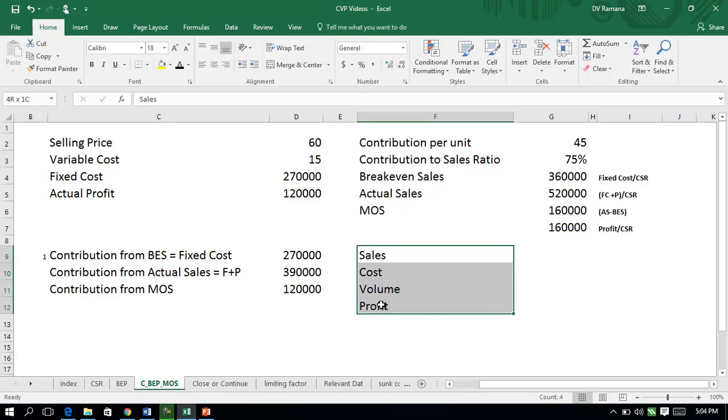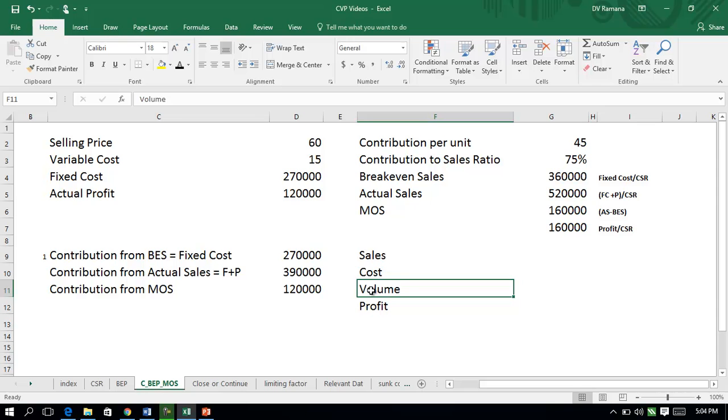So these three are interrelated and interdependent. So in the short run, because the fixed cost is constant, we manage profit by managing contribution, and we manage contribution by managing the volume of the goods sold.